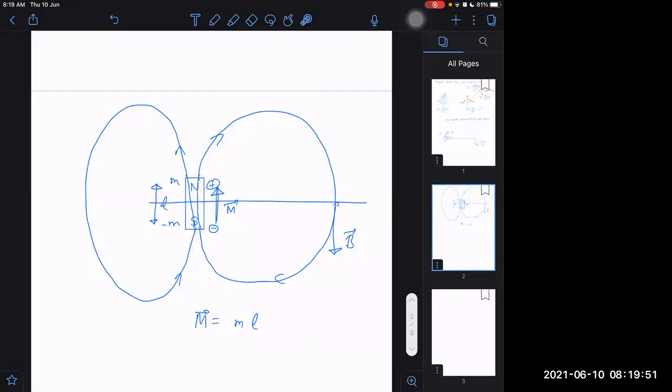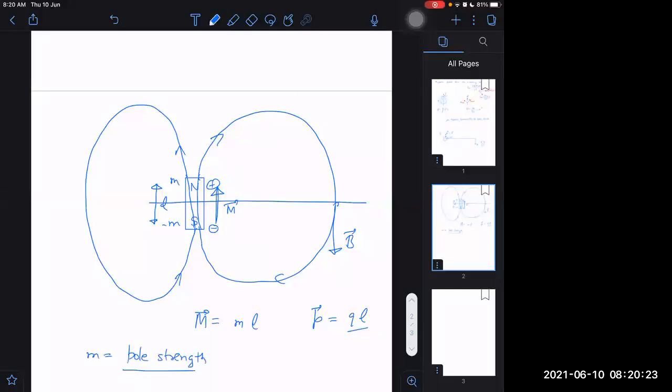Actually, there are no magnetic charges, but we want this case to appear exactly the same as Q into the distance between the charges, the way we define it there. So we define magnetic charges unnecessarily, even though they don't exist. We give them a different name: we call M the pole strength.